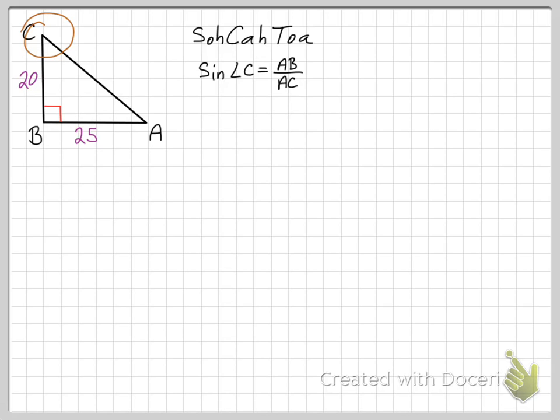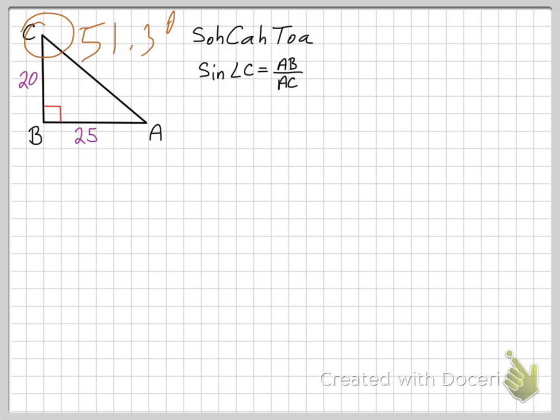I know angle C is 51.3 degrees, and from the perspective of C, sine is opposite, which is the 25, over the hypotenuse, which is AC, the value that I don't know.